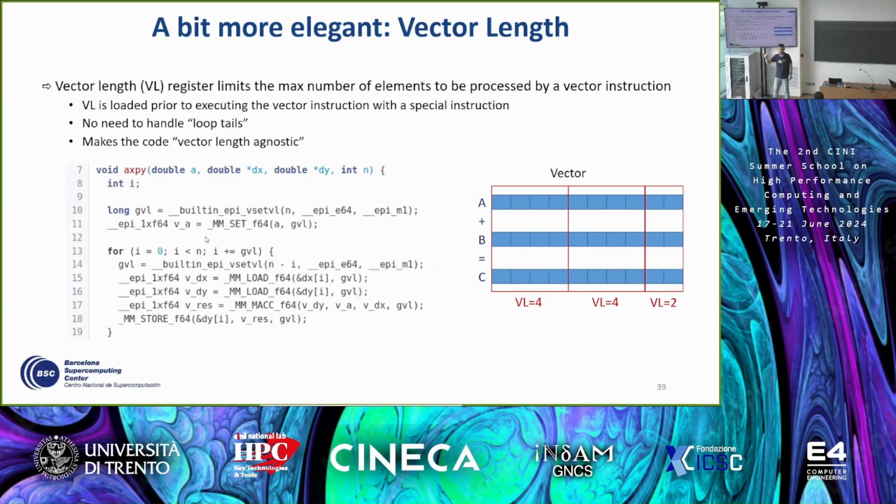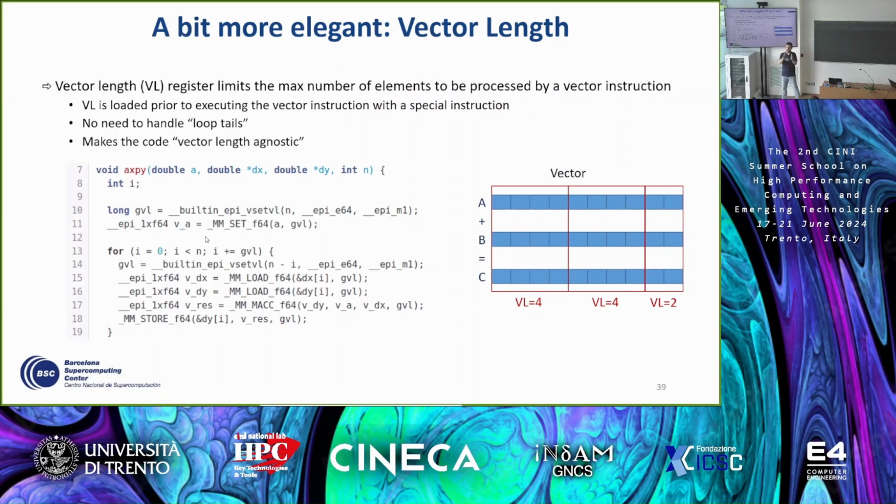GVL is an instruction that, as a programmer, I'm sending to the CPU, telling the CPU, hey, give me the maximum vector length you can give me. Or actually, I can tell the hardware, give me that size of vector. And the hardware will return to me the maximum that it can do. But if I ask for just less than the maximum, the hardware will configure itself to operate on that vector length. That's great, right?